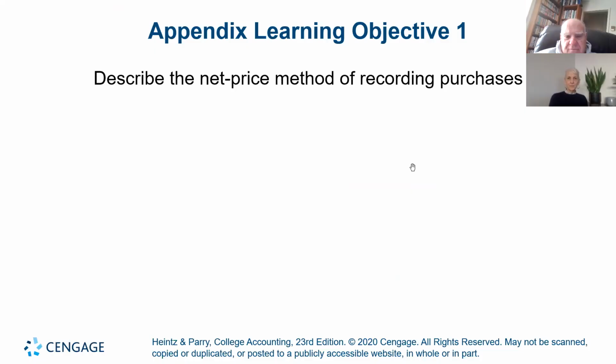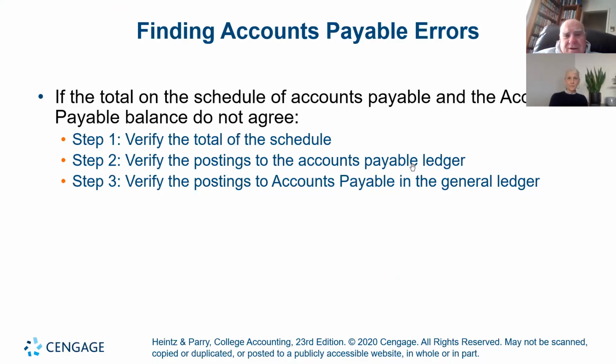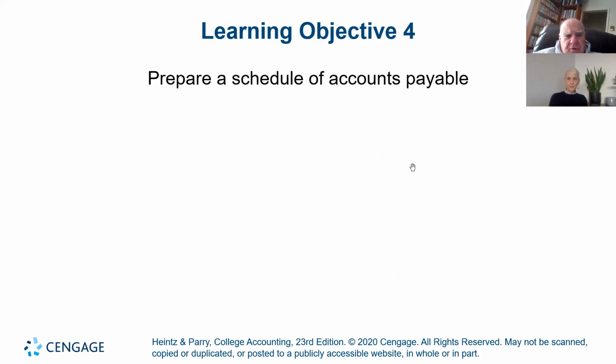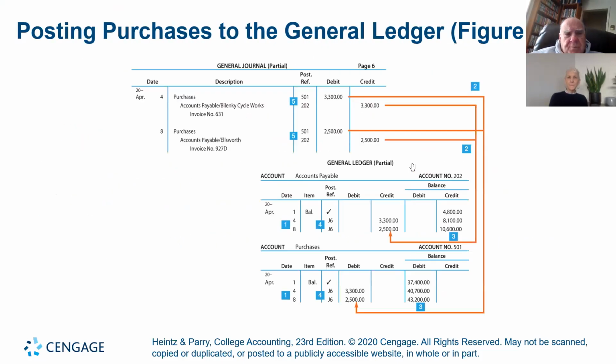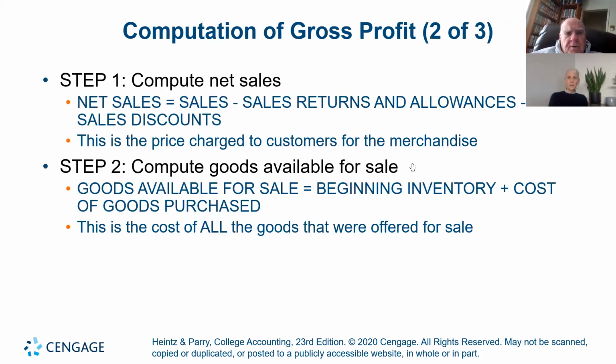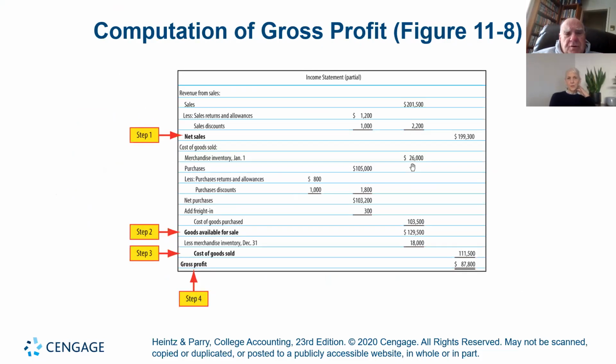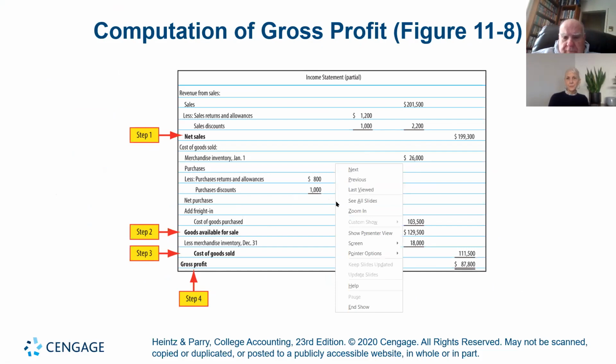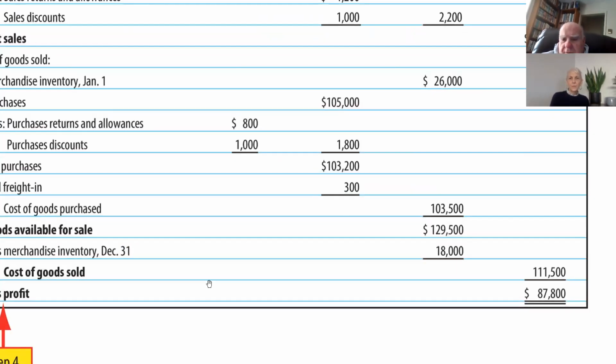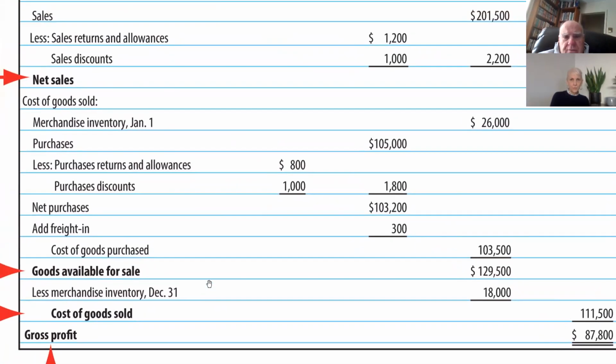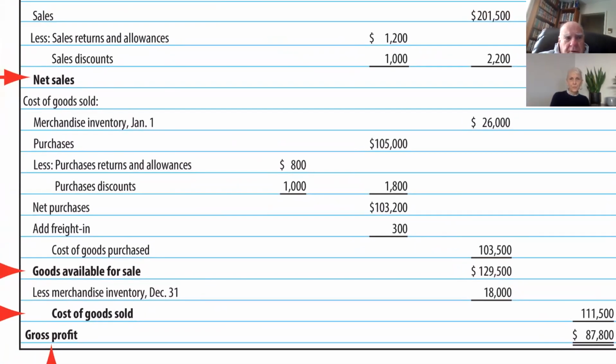We're not going with the net price method of recording purchases. So this chapter is pretty much a reciprocal, with the computation of the gross profit and cost of goods sold, the kicker.